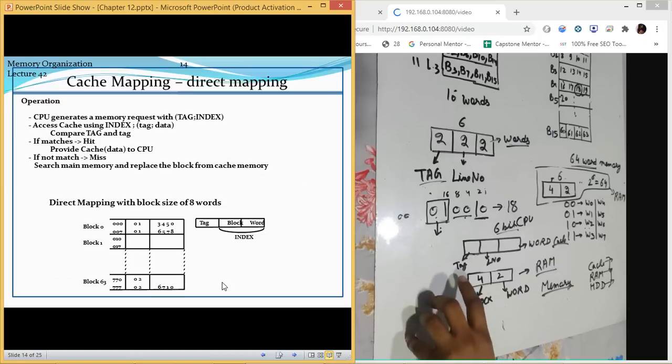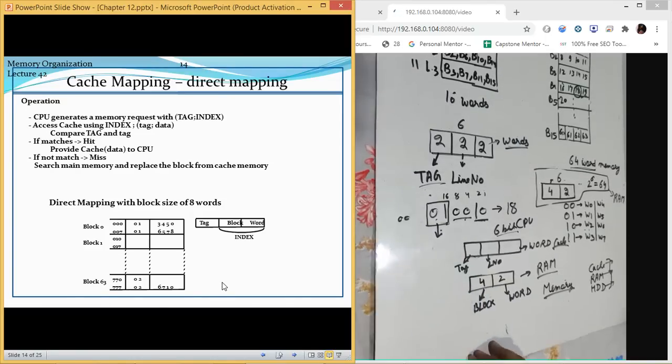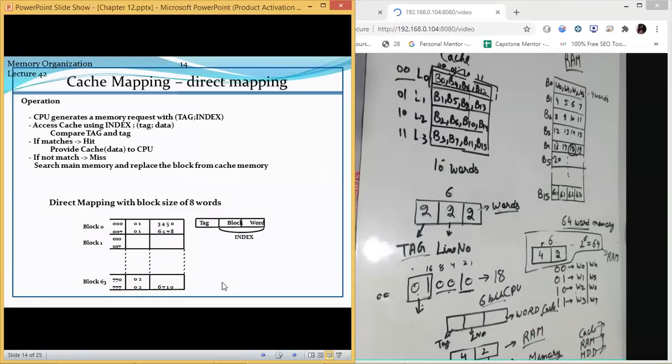So that is how we perform the mapping when we talk about RAM, cache, and hard disk drive. The main motive at this place is to define a mapping scheme so that your CPU is able to read the content from cache as well as from RAM by using the same address.